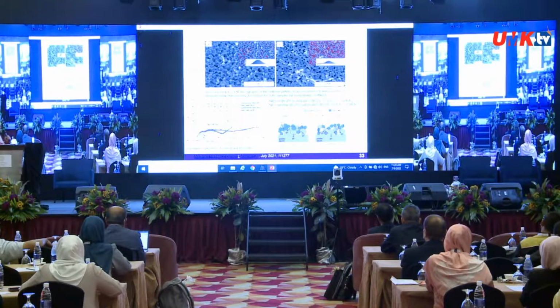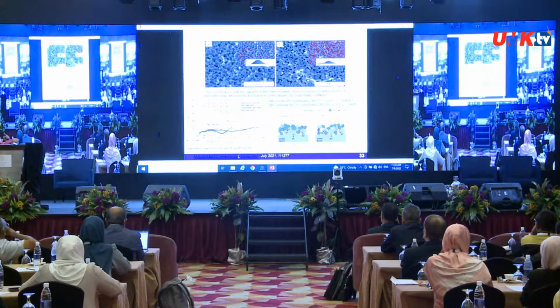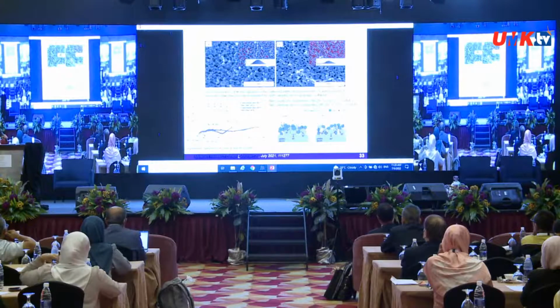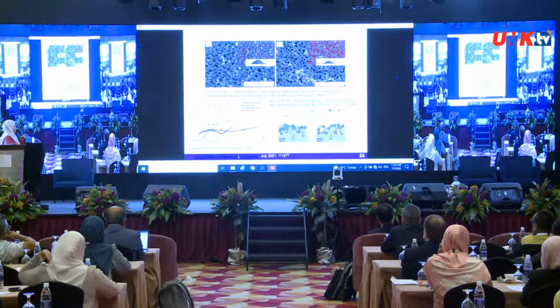This is again the impedance analysis that shows the area specific resistance of the cell. The normal anode, without modification, is 77 ohm centimeter square.